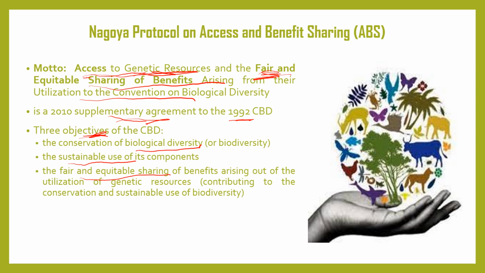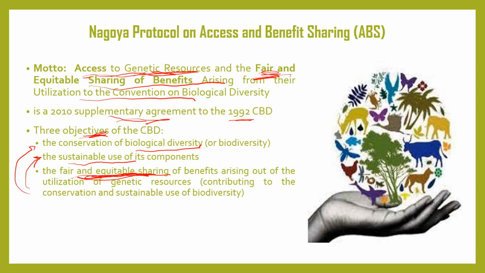Though fair and equitable sharing is the main motto of the Nagoya Protocol, due to fair and equitable sharing, this will cause conservation of biodiversity as well as sustainable use. So we see that all three objectives are interrelated.